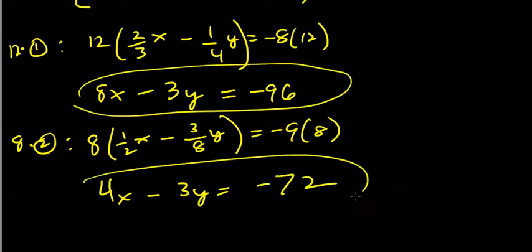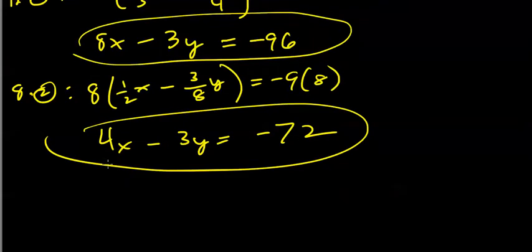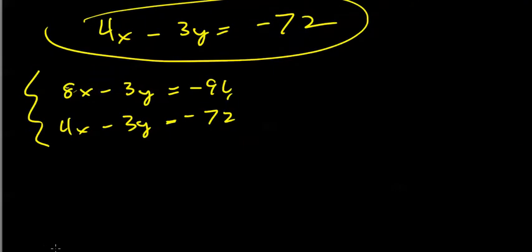Alright, so I've got now equivalent equations with no fractions. Let me rewrite those. 8x minus 3y equals minus 96, and 4x minus 3y equals minus 72. So I've got an equivalent system, the same system, same solution set, without any fractions bogging us down here.